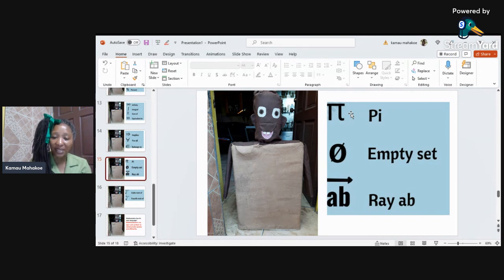Pi represents the relationship between the circumference and the diameter of every circle. What I mean by that is, if you take any circle, whether big or small, and you divide the circumference, or the distance around the circle, by the diameter, or the distance across the middle of the circle, you will always get 3.14 or something very close to that.